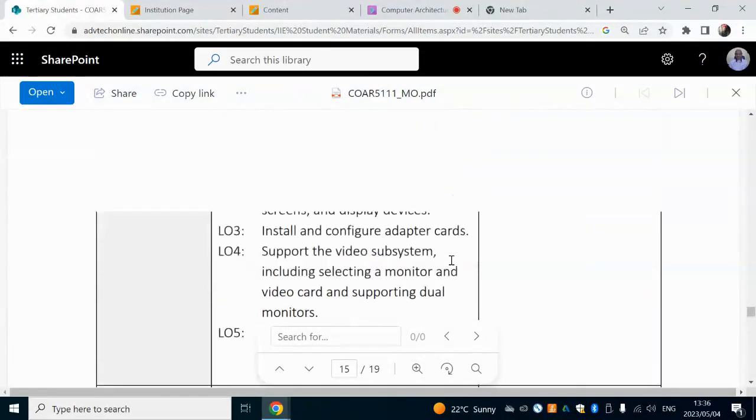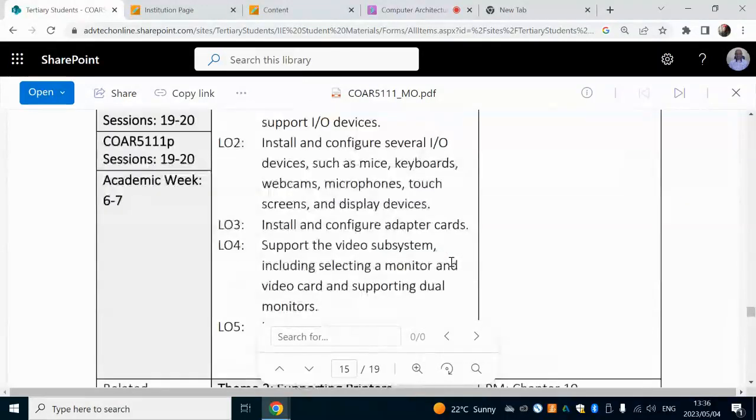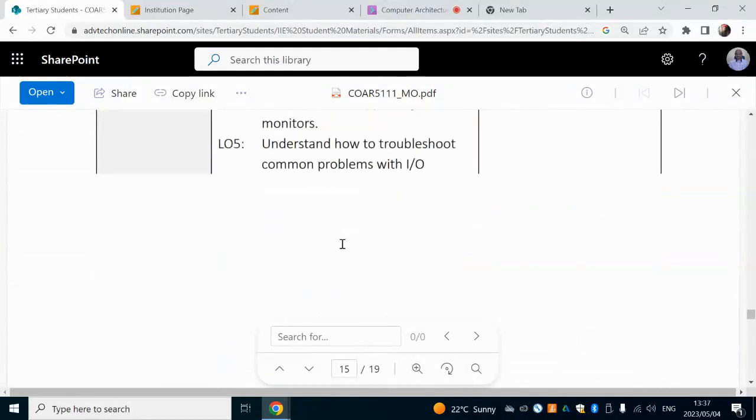Learning unit 3 covers chapter 6 and then chapter 10. Now in chapter 6, what is covered? Describe the general approach techniques used to install and support input-output devices. Input-output devices are what? Your keyboard, mouse, camera, microphone, printer, and printers is covered in the next learning unit, which is chapter 10.